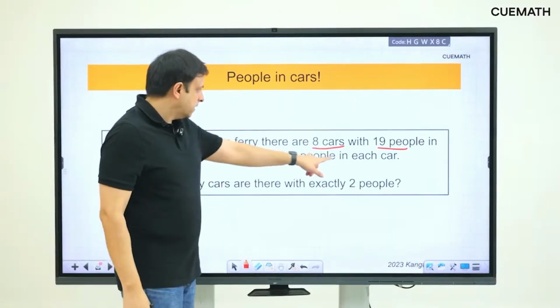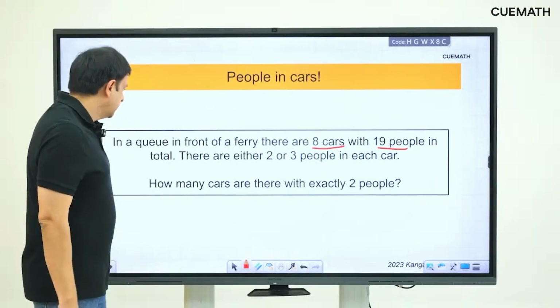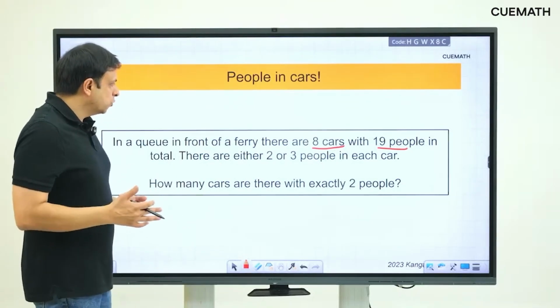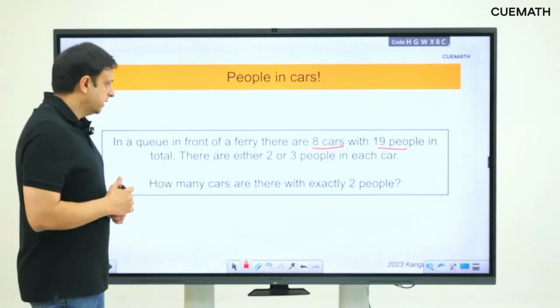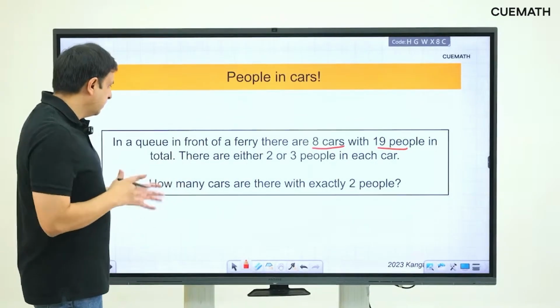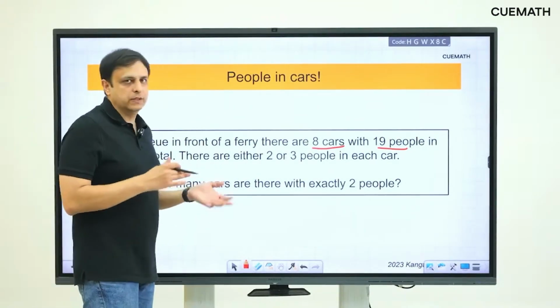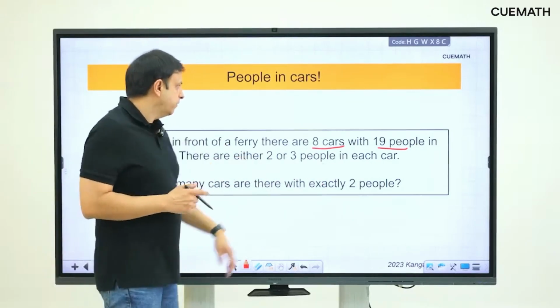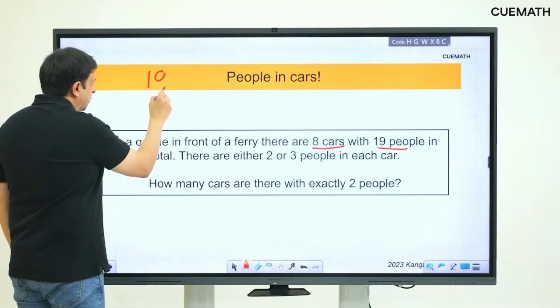So there are 8 cars with 19 people in it, and every car has either 2 or 3 people in it. So how do you calculate the number of cars with 2 people in it and the number of cars with 3 people in it? So we have 19 people in total.